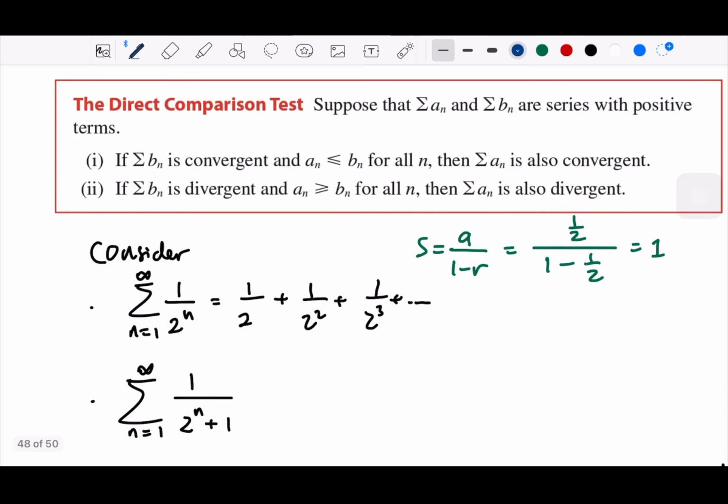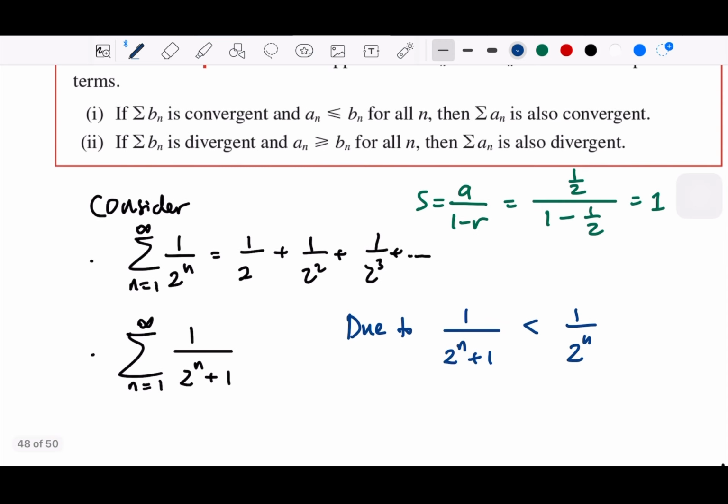Due to this, this is going to be less than 1 over 2 to the power of n, and for sure the series is also affected by this nature.